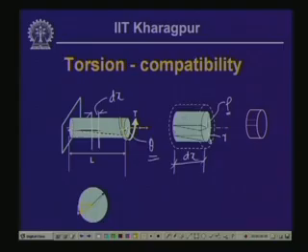Now, if we concentrate our attention on this particular segment, let us say this is AB and this is CD. So, ABDC is an element on the surface of this particular cylindrical part or the circular body. When this is subjected to twisting moment, the radius, which is the line joining the center to B, undergoes rotation. Since this is a small distance dx, let us say that the change in angle between these two segments of the cross section is also small, and let us call that d theta.